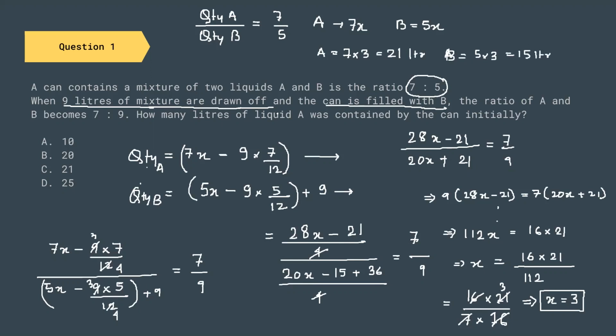So in the question they have asked for the initial quantity of liquid A. So the quantity of liquid A will be option C, that is 21 liters. So I hope this was clear to you.